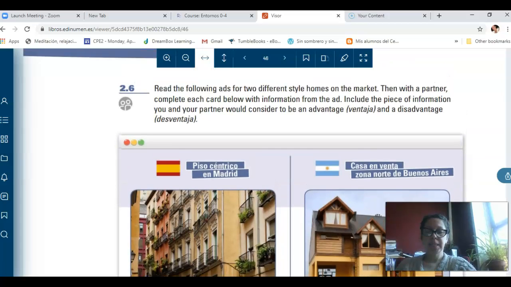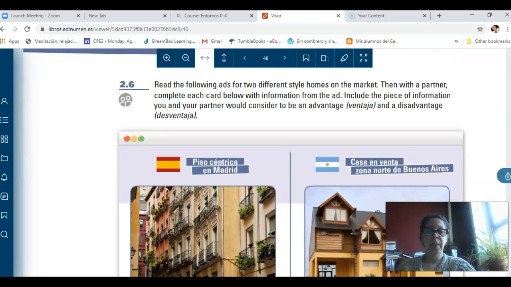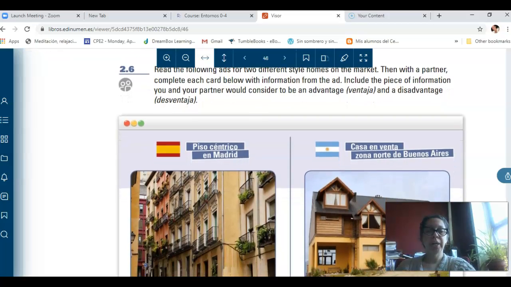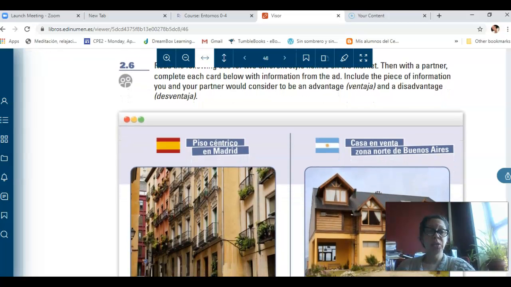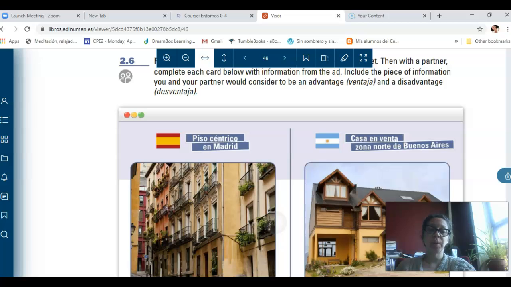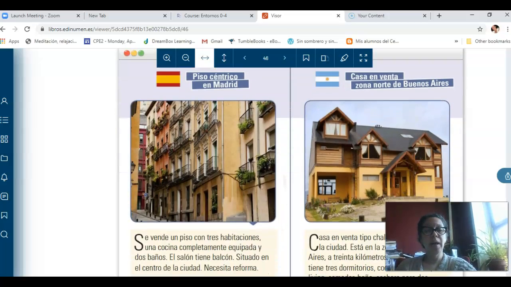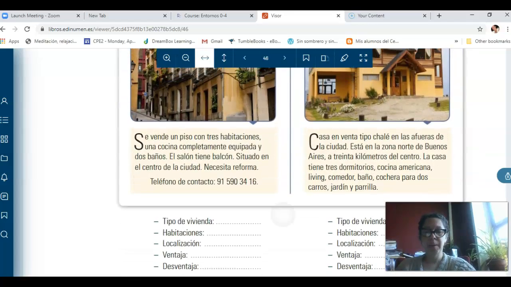Bien. In this section, you are going to read about these two ads. Okay? And then complete the card below with the information from the ad. Include information you would consider to be an advantage, ventaja, or disadvantage, una desventaja, ¿verdad?